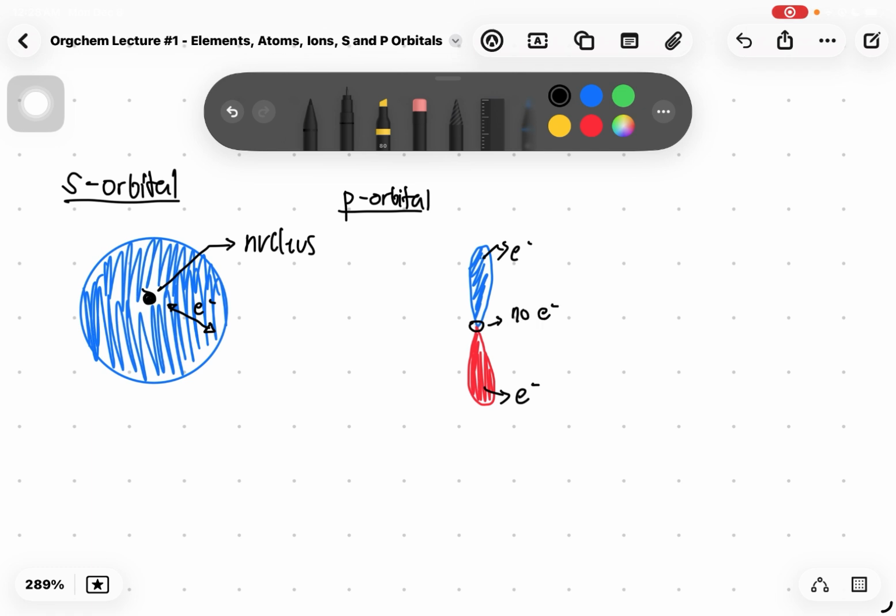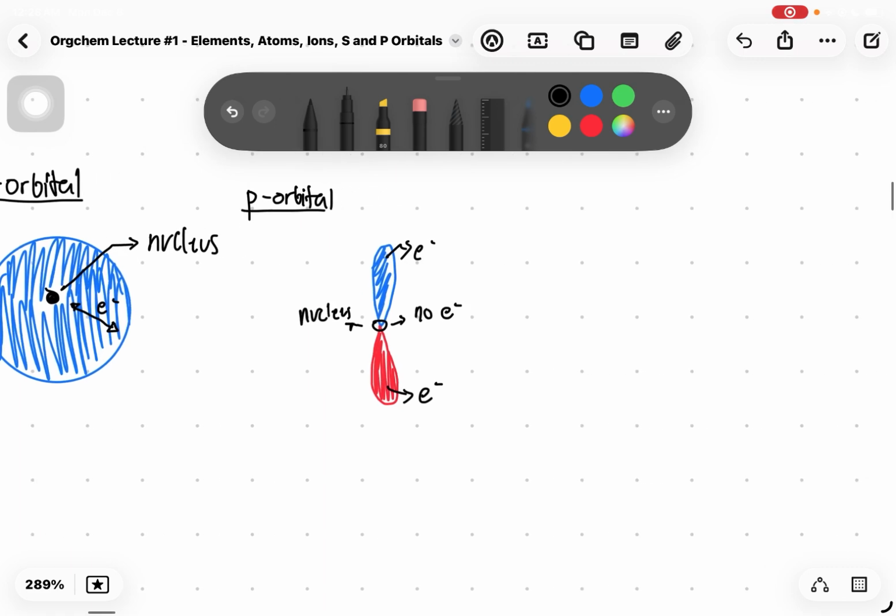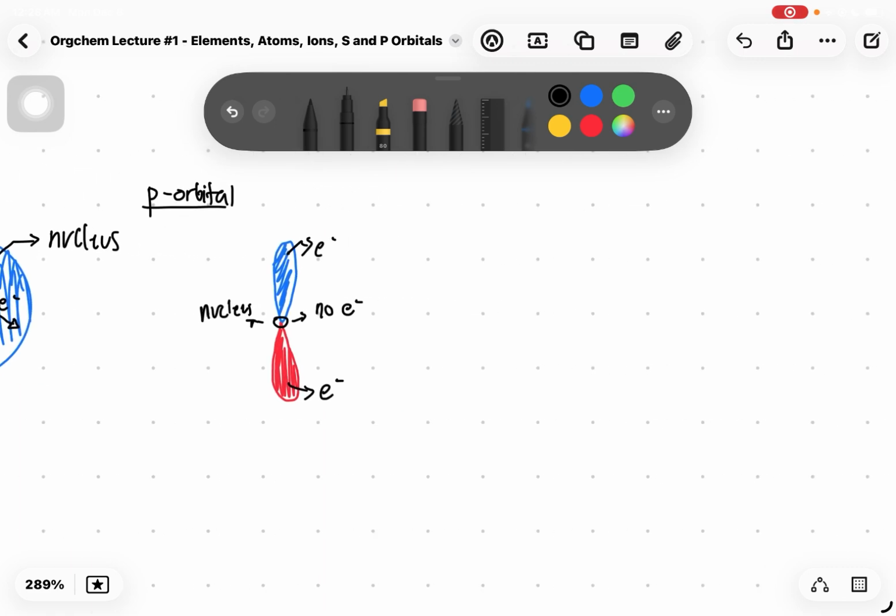This is still going to be our nucleus though. But regions where there's no electron density are known as nodes. And that's all you got to know about that word. So it's basically just an empty space in between the 2 sides of the dumbbell.